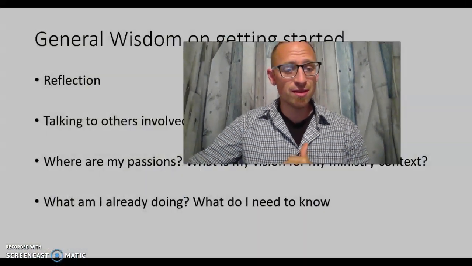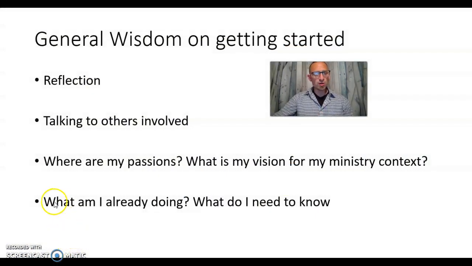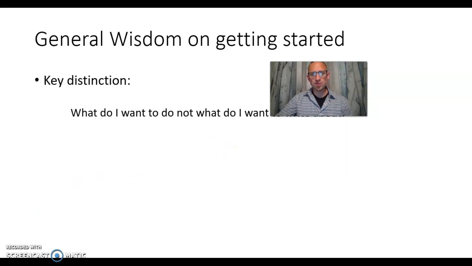This can, of course, be part of your normal work week, something you want to improve or fix, but you've got to have a lot of passion and interest to see it done. So consider: what am I doing already? What do I need to know? Where do we need to go from here? These are some general ways of getting started.